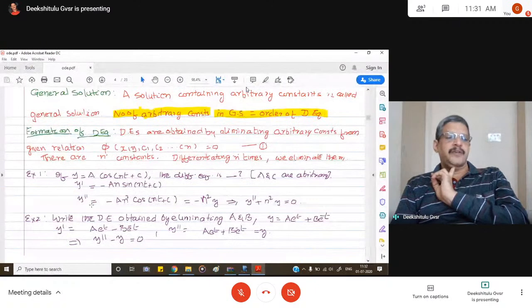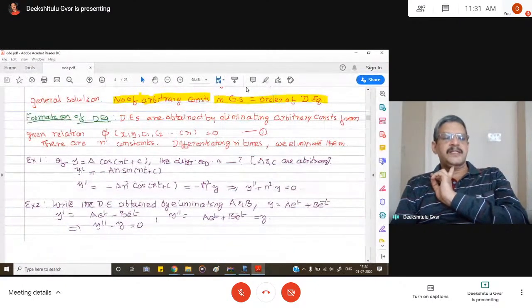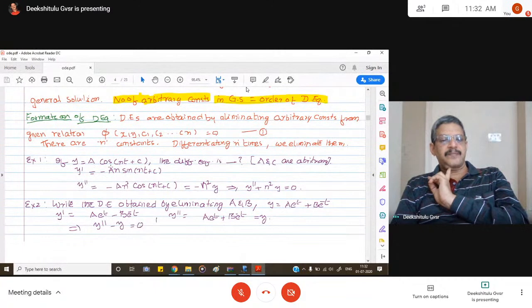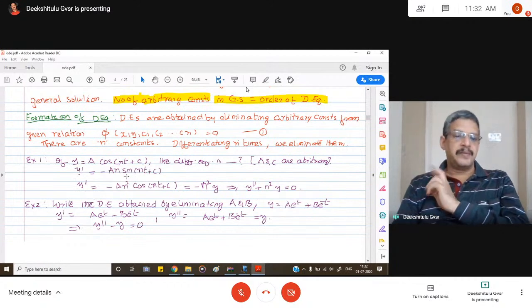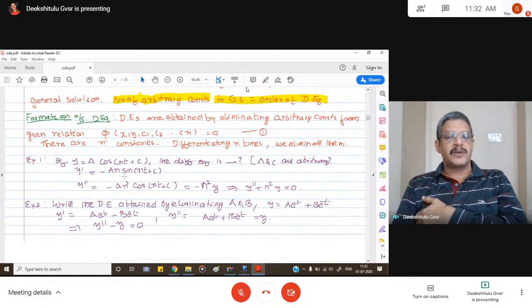The first time we differentiate with respect to t, y dash, that is dy by dt, is equal to a into the derivative of cos(nt plus c), which is minus a sin(nt plus c), and the derivative of nt is n. So minus a n sin(nt plus c). If you differentiate again, y double dash is equal to minus a n into the derivative of sin(nt plus c), so cos(nt plus c) into n.